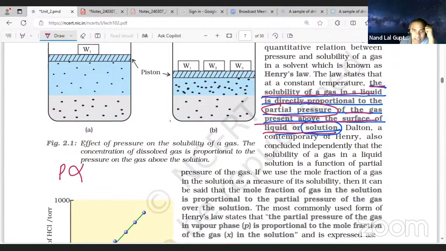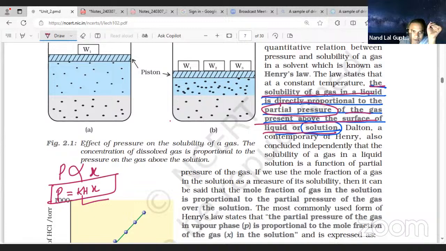In what terms are you studying solubility? Mole fraction. Partial pressure is proportional to mole fraction. So you remove the proportionality sign, and P equals KH x.